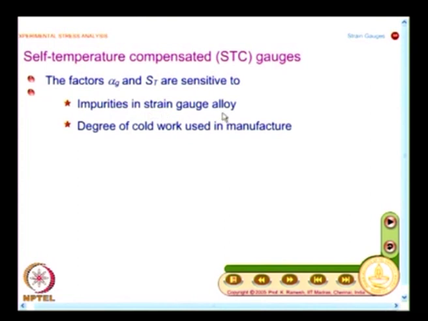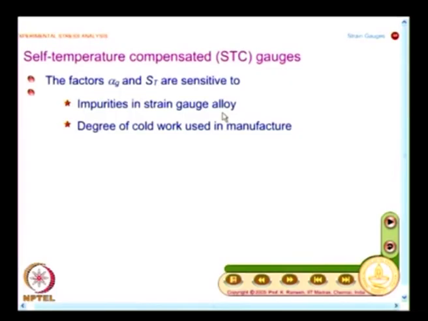Normally you do not want any impurities. When you are making an alloy, you want it to be free of impurities, so that it gives you the desirable material properties that you look for. But in this case, impurities play a role. So by modifying the impurities, it is possible to control alpha g and St.